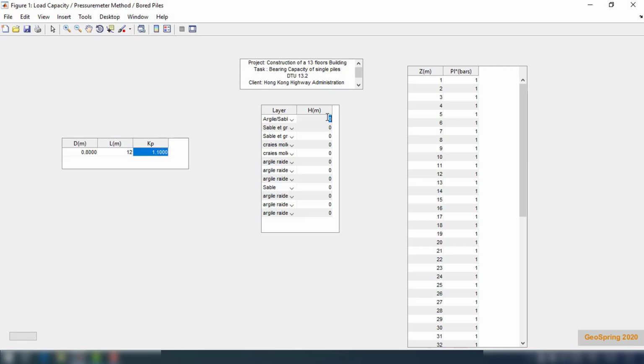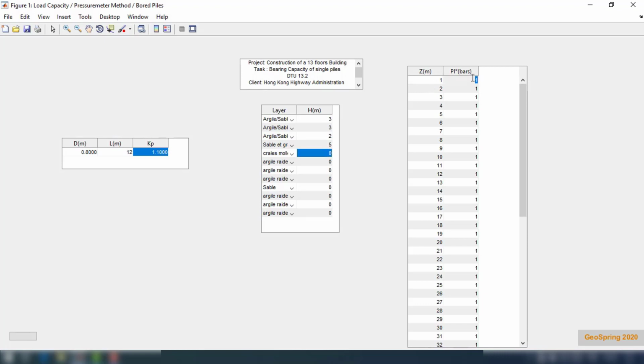So here you put the type of your layer, for example clay, and for example sand. Okay, so we put here 3 for example, and here 3, and here 2 for example, and here 5.